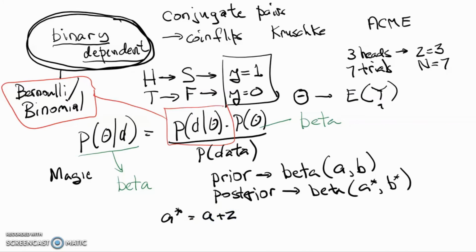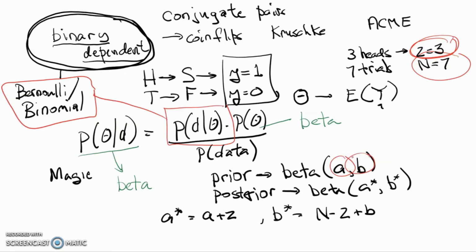So we've got our a here and our z here, and b star is going to be equal to n minus z plus b. So there's our n, and there's our z, and there's our b.